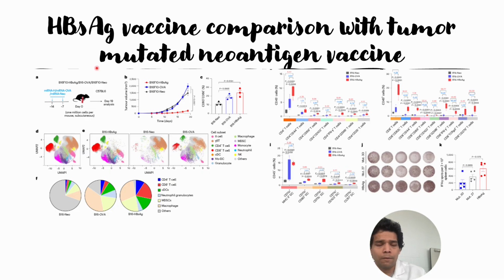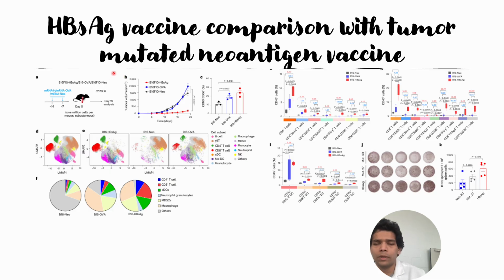Once they validated that their vaccine is working, they wanted to compare it with their traditionally available competitors, that is tumor mutated neoantigens, to see whether its performance is better than the mutated neoantigen vaccines or not.